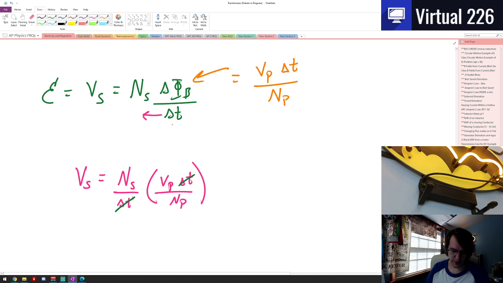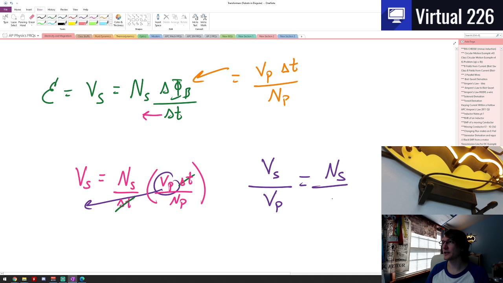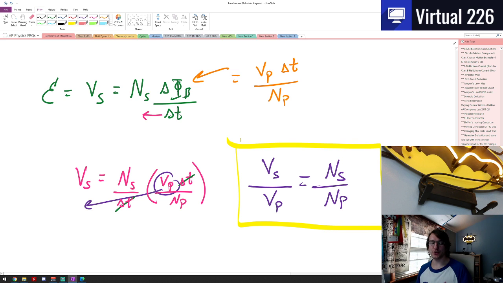And we actually get a really cool ratio here. I'm going to move the VP down to the other side. We see a ratio that the voltage in the secondary compared to the voltage in the primary is equal to the number of turns in the secondary over the number of turns in the primary. So you can change a voltage. You can scale a voltage up, you can scale it down just based off of the ratio of the number of turns you have. And that's it, which is a really awesome and amazing idea.